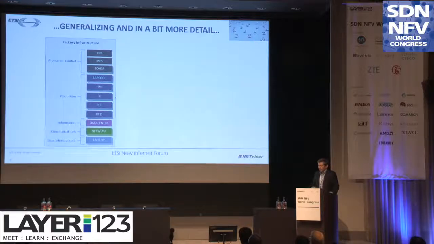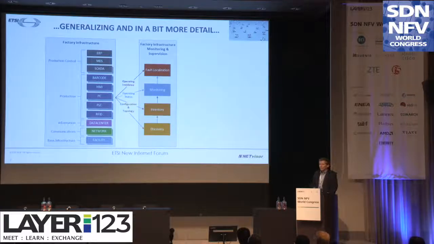So what is the big picture? The factory infrastructure consists of the production and production control subsystem, the ICT subsystem, and the base infrastructure, the facility. If we want to implement a monitoring and supervision system for this infrastructure, what do we have to do? First, discover the infrastructure configuration and topology, and from this information build a technical inventory and maintain this inventory.